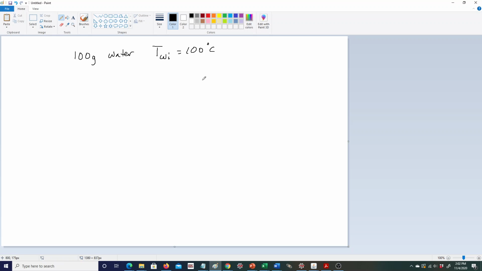And I want to know how much mass of copper, okay, what mass of copper initially at 700 degrees Celsius, so your metal smithing, say, is needed to vaporize all of the water.